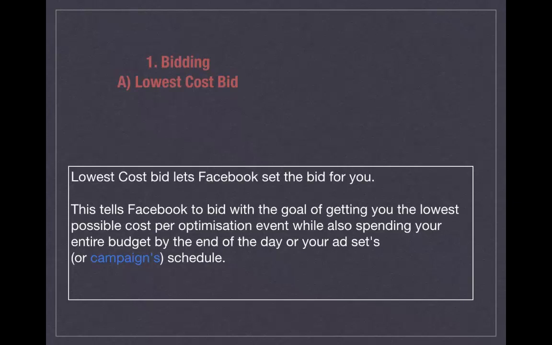What Facebook is looking into is that time interval. Maybe it finds that in the morning, 7 a.m. to 10 a.m., other advertisers are not bidding high. So at that time, Facebook finds it a suitable time to display your ad.